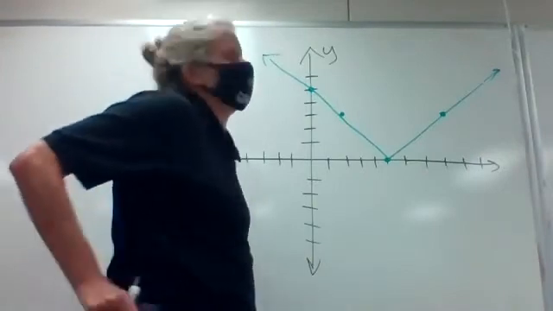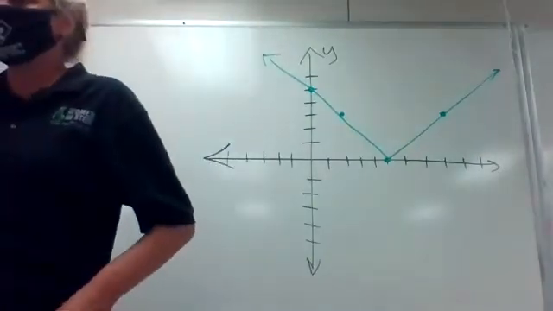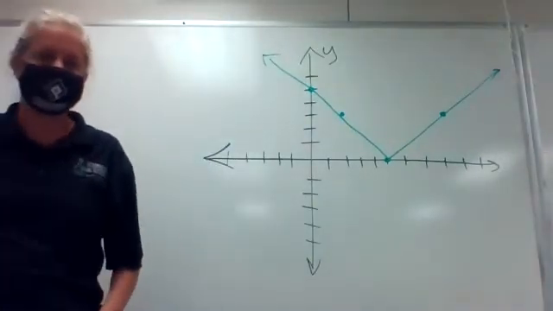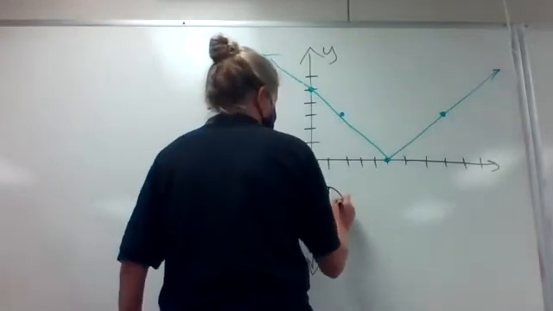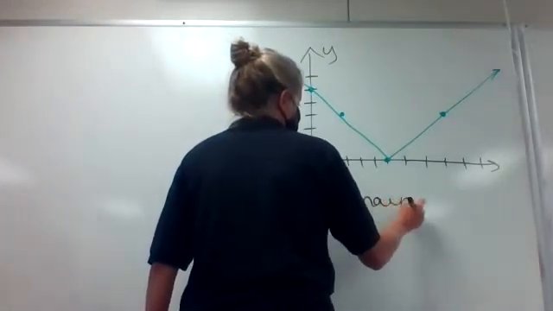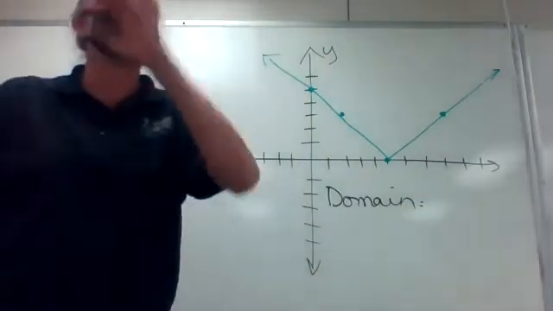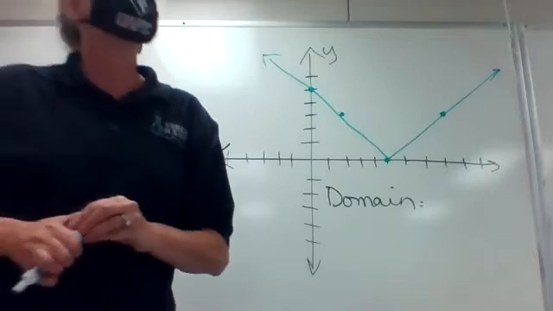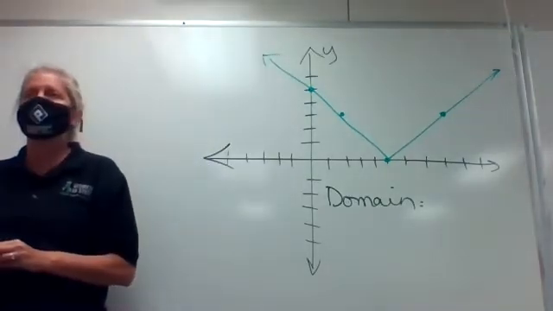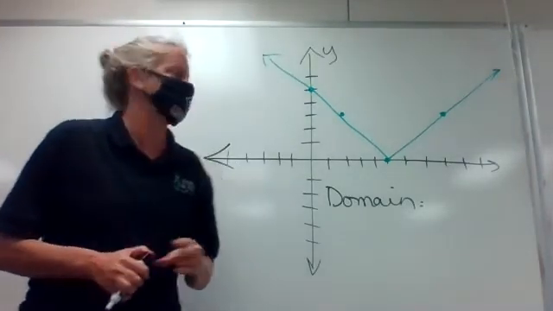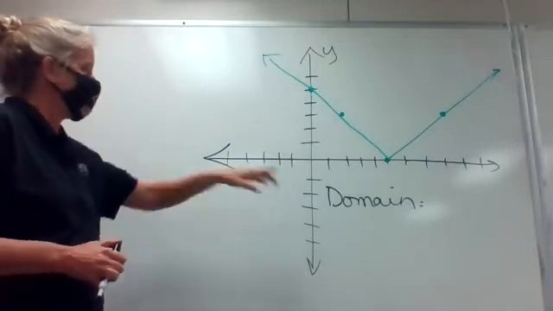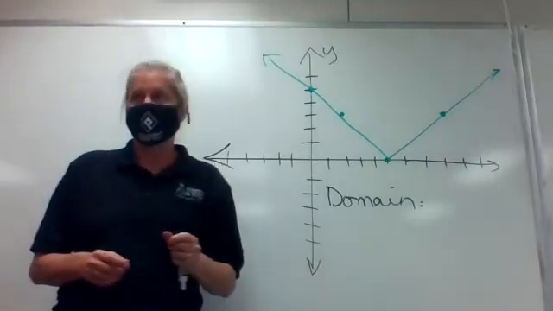Okay, so just like the last one, I'm going to do domain and range part first. When you have a continuous graph, you're kind of trying to find where the graph stops and starts and continues. So on this one, the domain is your x values, right?